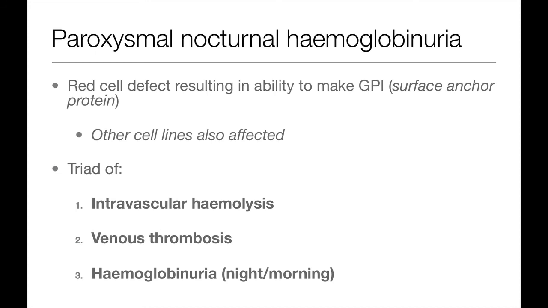It affects all cell lines. The triad for this that you need to try and remember are features of intravascular hemolysis, not extravascular but intravascular hemolysis, features of clotting, so venous thrombosis, you can get DVTs, you can get pulmonary embolisms, you can get strokes, and haemoglobinuria, most common in the night time or in the morning.